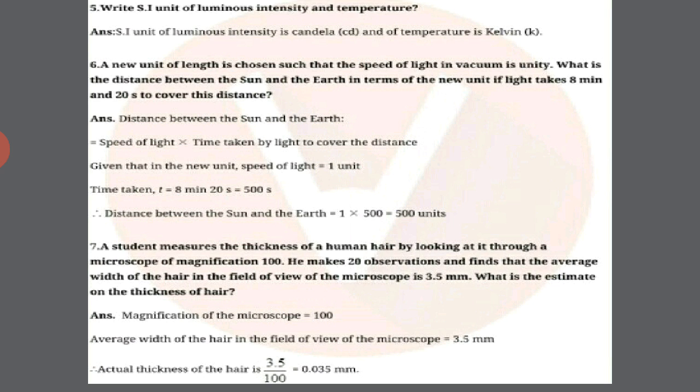Magnification of microscope 100, average width given there 3.5 mm. So it's very easy to calculate the actual thickness of the hair. Divided by 100, it is 0.035 mm.